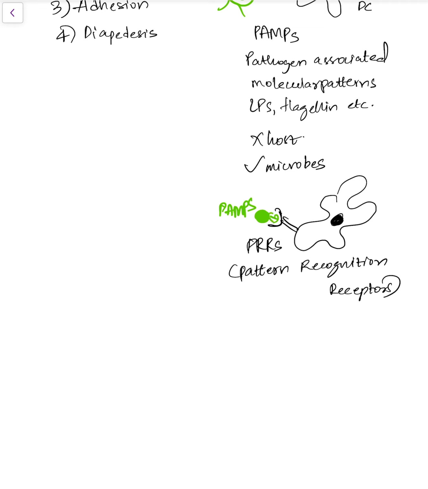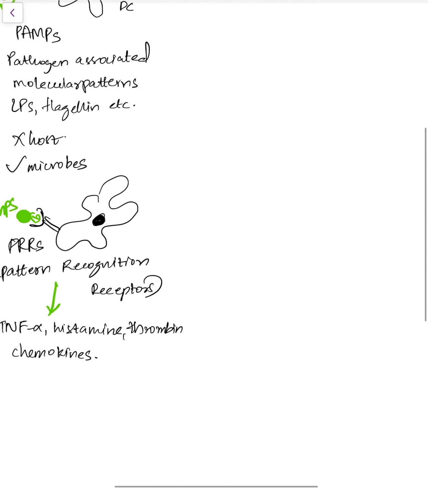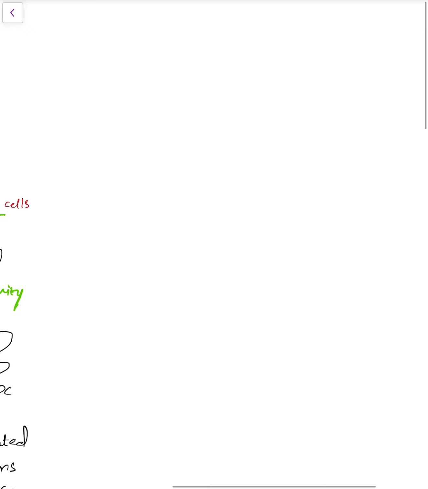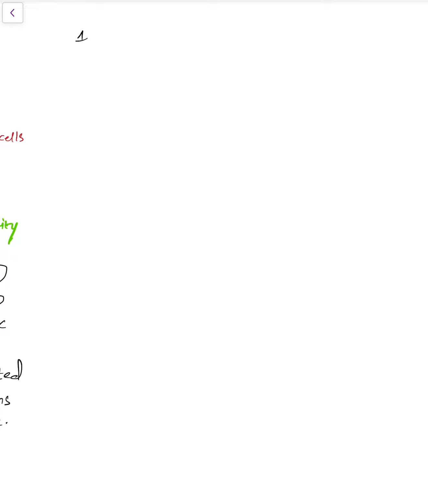When this interaction happens, the dendritic cell releases a lot of chemical mediators like TNF alpha, histamine, thrombin, and chemokines. Now, I'll be coming step by step to how these mediators help in the movement of neutrophils to the site of injury. First step, rolling.